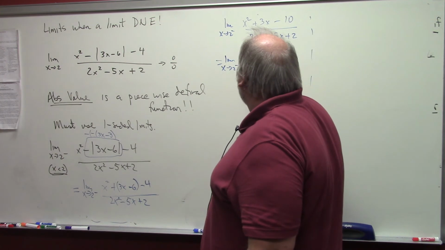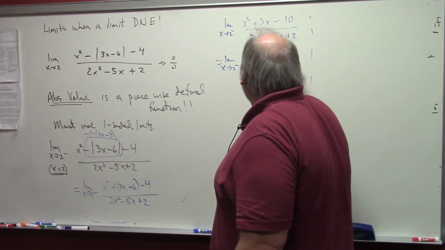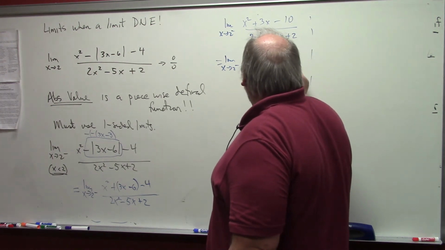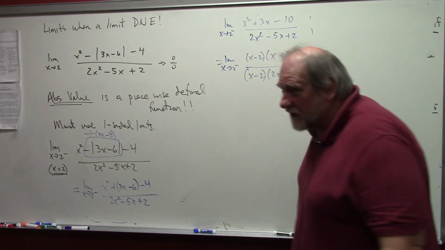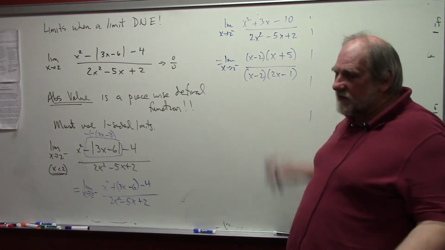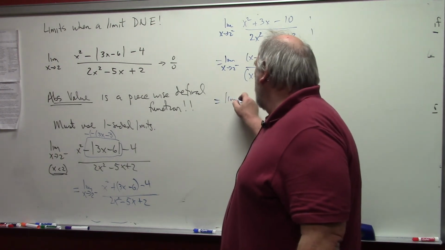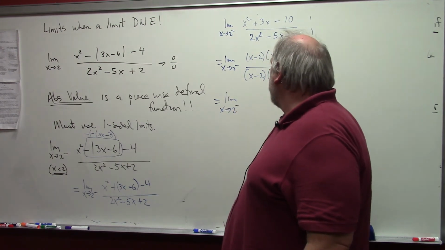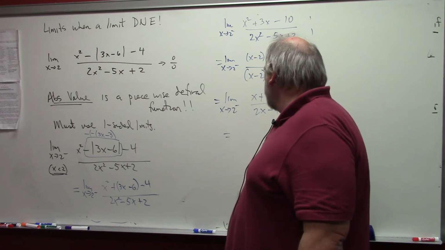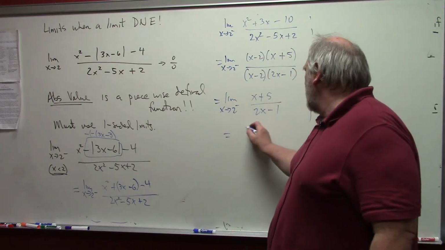This is x minus 2 times x plus 5. This is x minus 2 times 2x minus 1. Again, I'm kind of using the fact firsts have to be product of firsts, lasts have to be product of lasts. Works great when you're doing quadratics, which is the limit as x approaches 2 from the left of x plus 5 over 2x minus 1, which is, we can now evaluate the limit, 7/3.